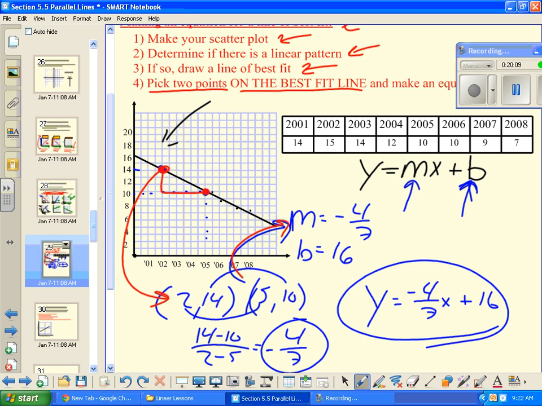You could say, it looks like I go down 4 in terms of the wins and over 3 in terms of years. So negative 4/3 would be my slope. And then if I just keep following the line back to wherever my y-axis is, I can find my y-intercept and make my equation. Again, good practice of something we've done a bunch of times, and it will also help us here in making scatter plots and making lines of best fit.